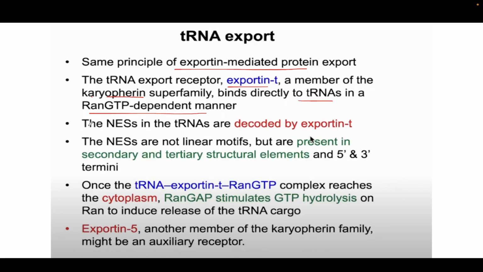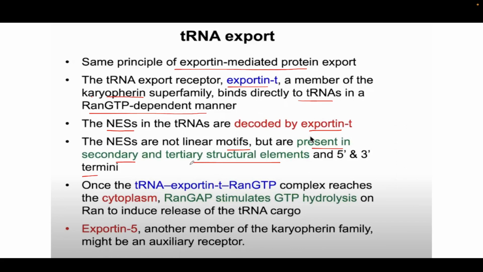The NES, that is nuclear export signal, in the tRNAs is decoded by exportin T. That means those molecules that need to be exported have this NES, the nuclear export signal. This NES is not a linear motif but is present in secondary and tertiary structural elements and 5' and 3' terminal.